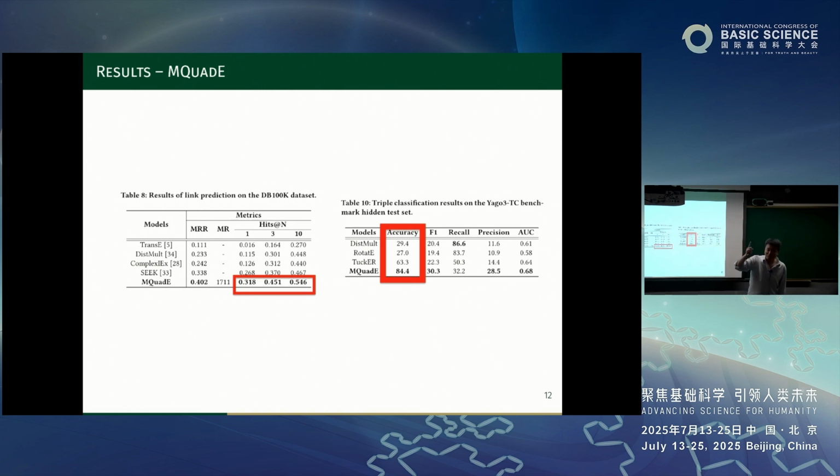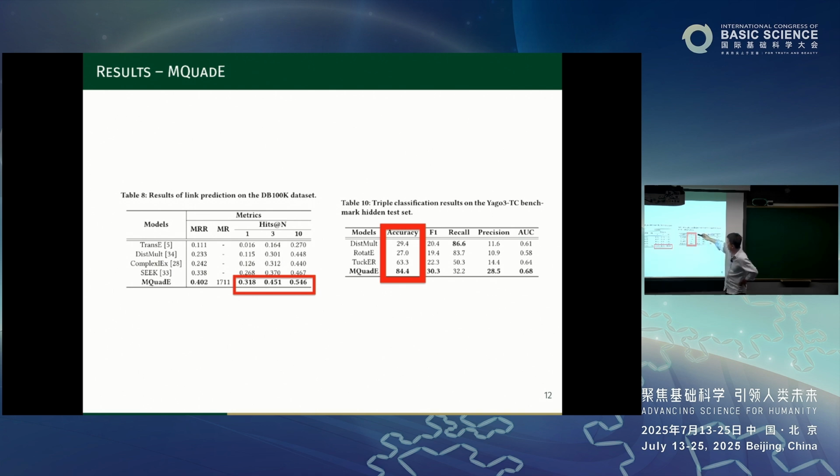If you are right, you're right. Hit at 3 means that the right one is among the top 3. Hit at 10 means the right answer is among the top 10. If you are right, you get one score, right? Here, compared to other methods, it is the best.